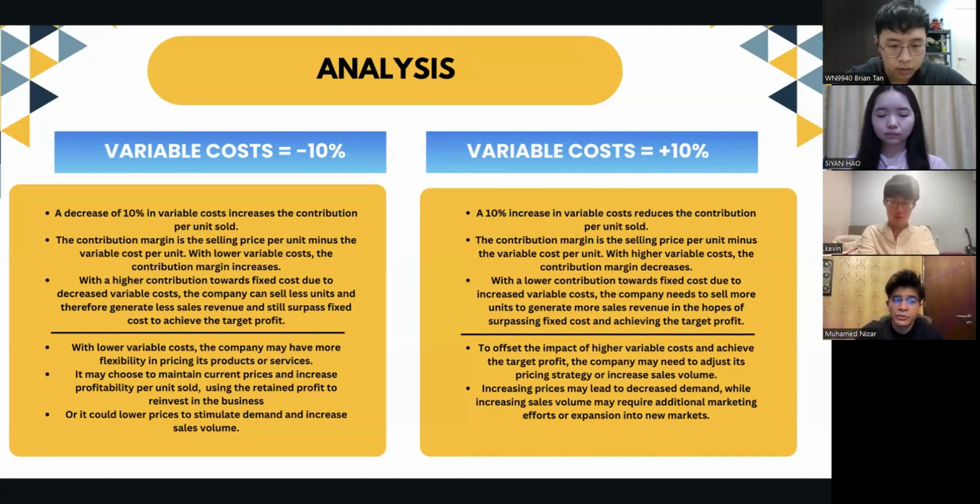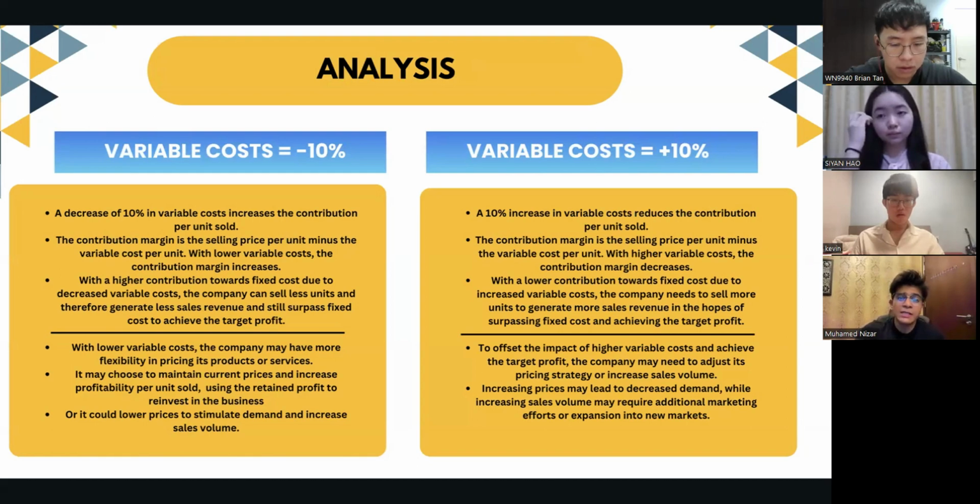With a higher contribution towards fixed costs due to decreased variable costs, the company can sell fewer units and still surpass fixed costs to achieve the target profit. Additionally, lower variable cost provides pricing flexibility. The company can maintain the current price to increase profitability per unit sold, using the retained profit to reinvest in the business. Alternatively, it can lower prices to stimulate demand and increase sales volume.